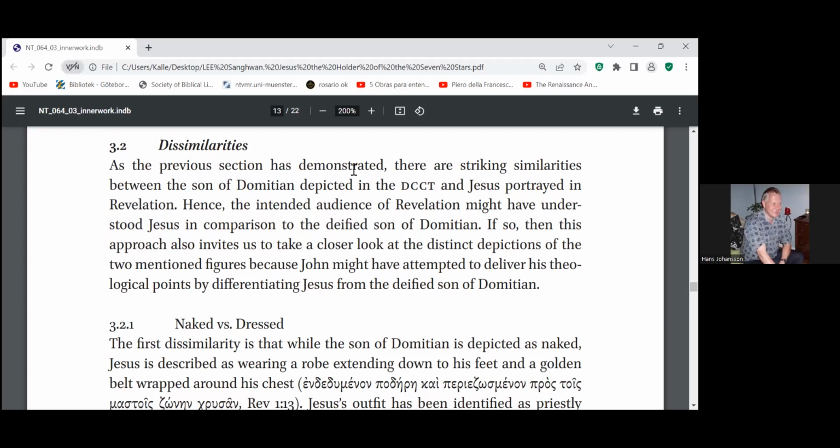So we continue. It is the 4th paragraph, page 354. Dissimilarities.